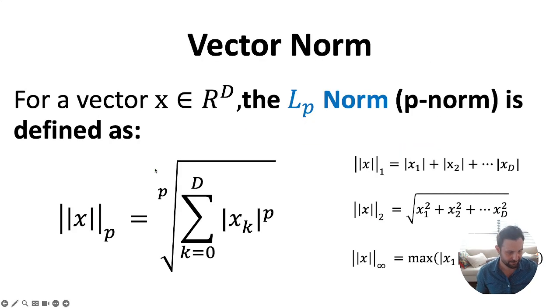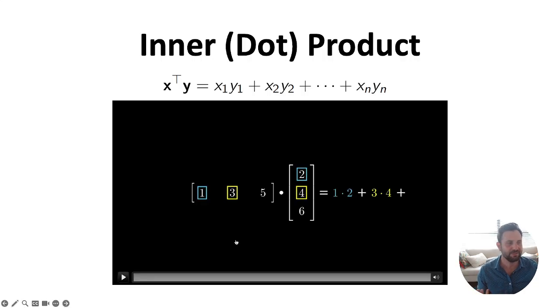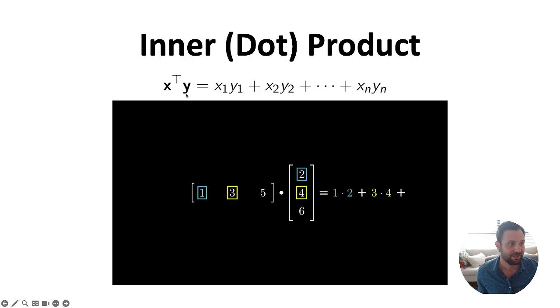the dot product. Mathematically speaking, when we multiply two vectors, you see a little transpose here, because when we put x and y next to each other, they are both column vectors in our definition.